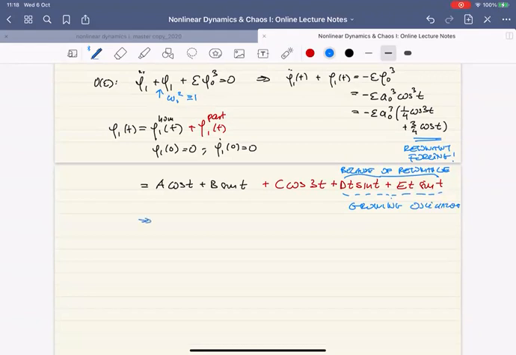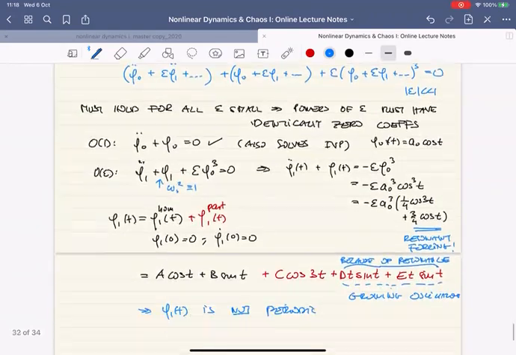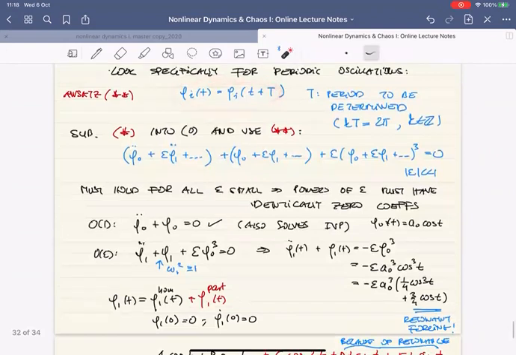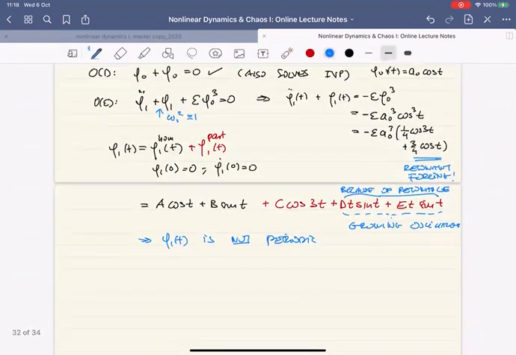So that means that phi1 of t is not periodic. If it's not periodic, we have a problem. So we violate the ansatz because we required all these terms to be periodic for the end result to be periodic. So the ansatz is a periodic ansatz.